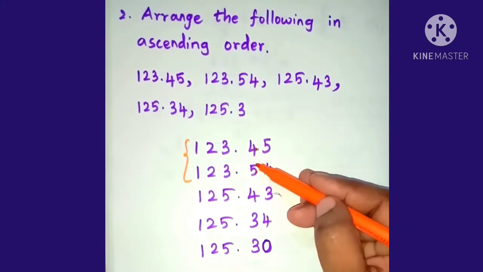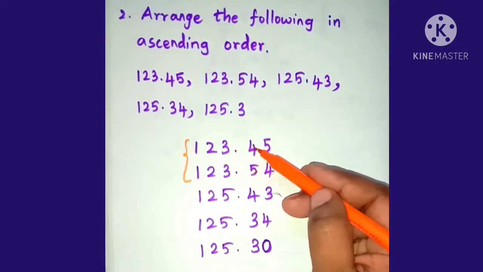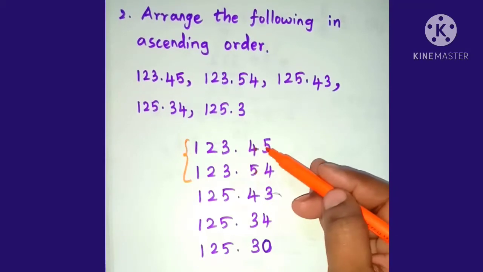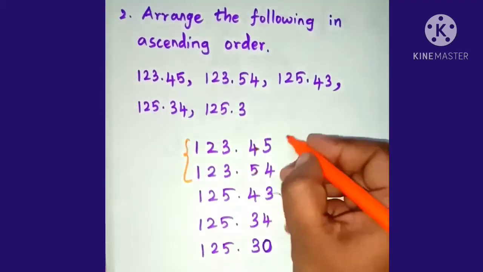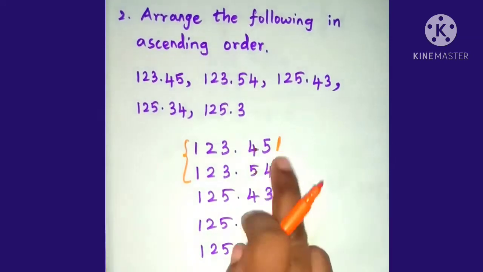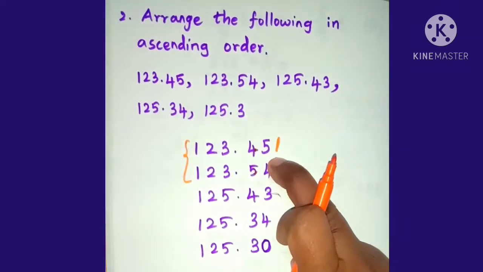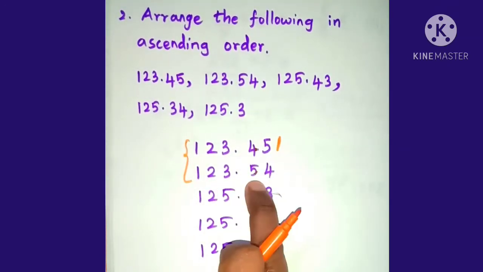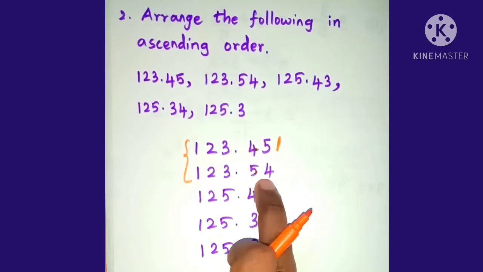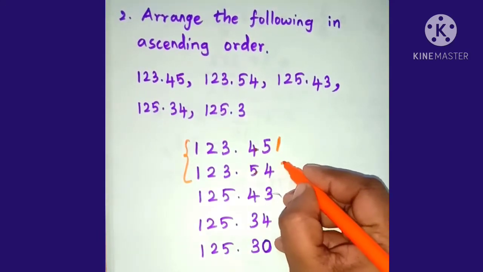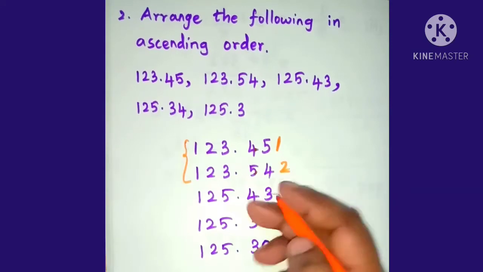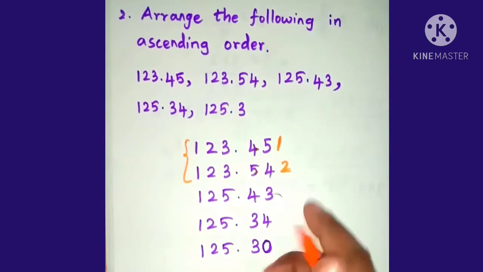So this decimal number will be the smaller number. This is the smallest number, number 1. And then 123.54 will be the next small number, compared to these 3 values.